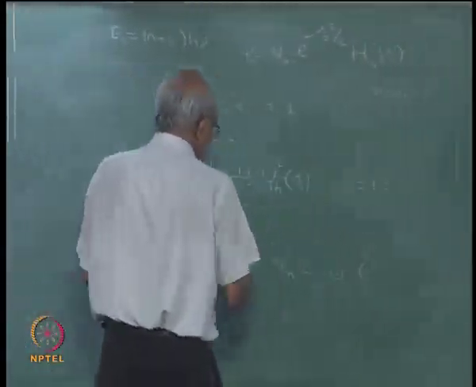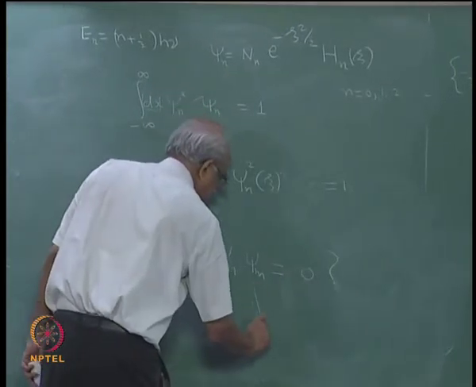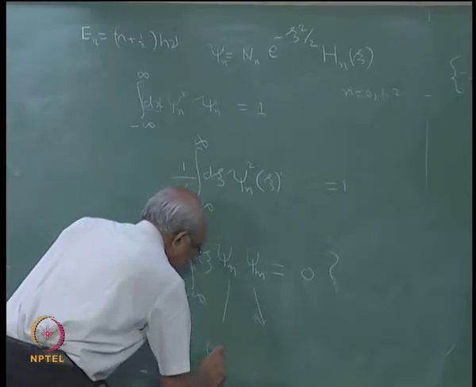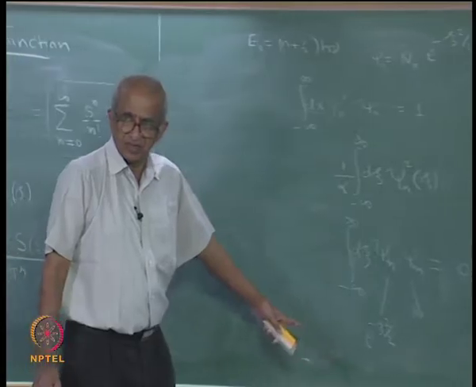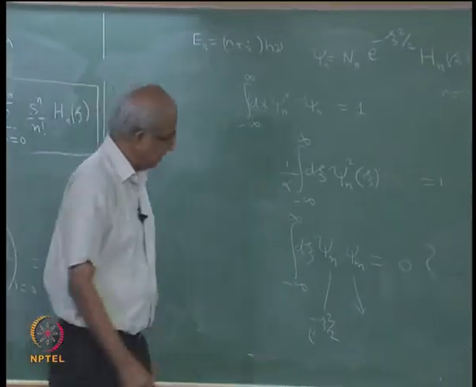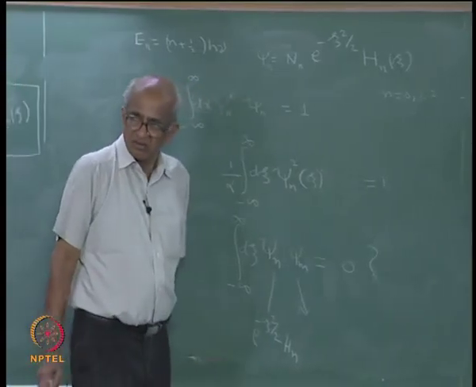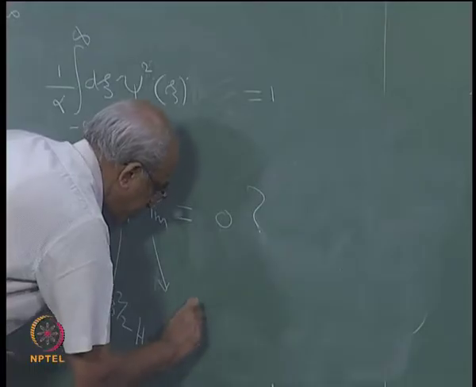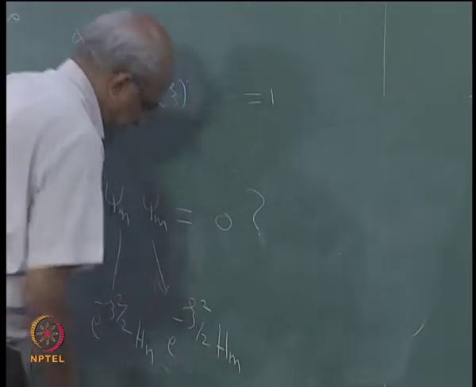So, if you are looking at this expression, psi n would have e to the power of minus c square by 2, and H n, and this one would have e to the power of minus c square by 2 and H m.